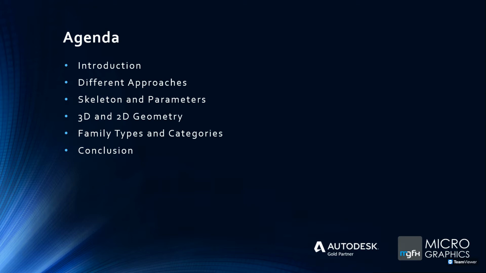We'll look at some of the methods to create content, and then how to look at the 3D and 2D geometry, what to include, what to exclude, and that sort of thing. And then we'll conclude the session.